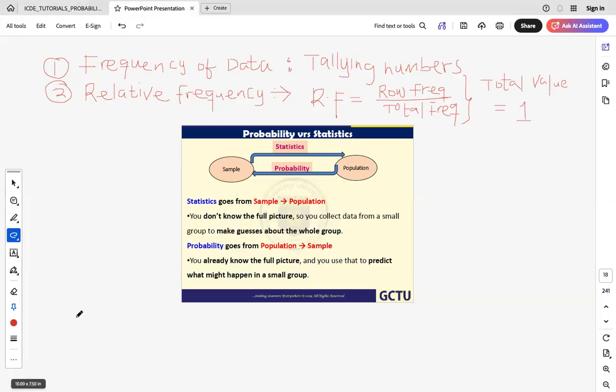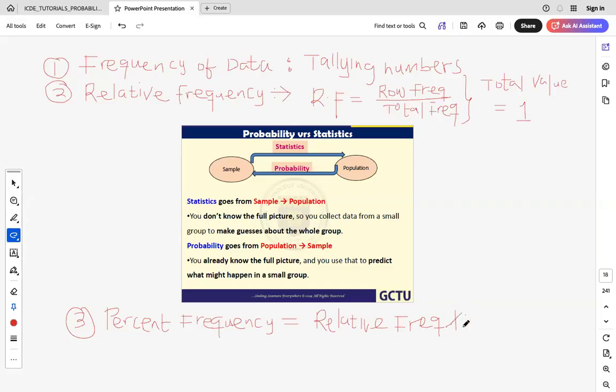Then the third component we'll look at today is called the percent frequency. And the formula for the percent frequency is also the relative frequency you have multiplied by 100%.